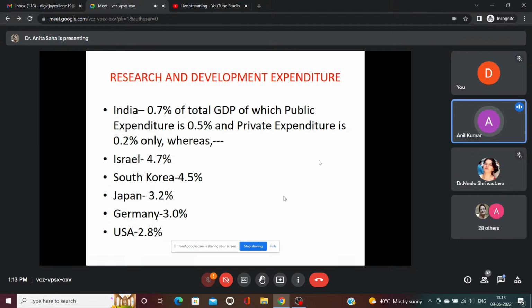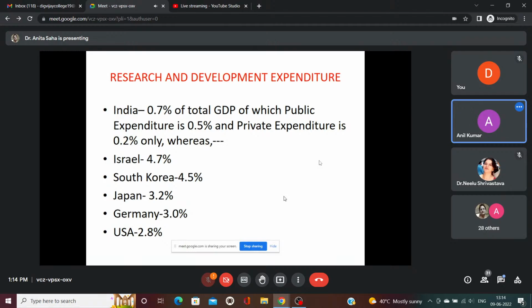The part made by the private sector is very shocking. India is a very vast country. Our economic condition is not so bad. Our industrialists are also performing well, but their expenditure on the R&D sector is only 0.2%. Yes, the public expenditure is also not good, but the private expenditure is very shocking.